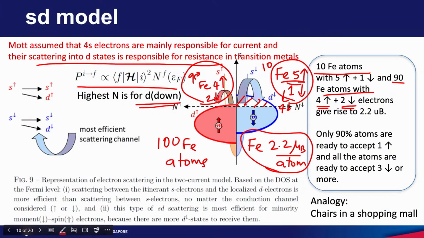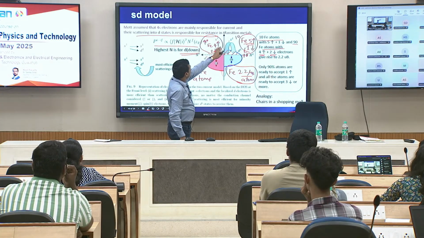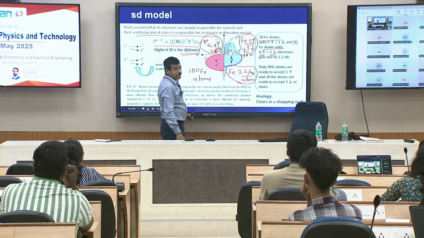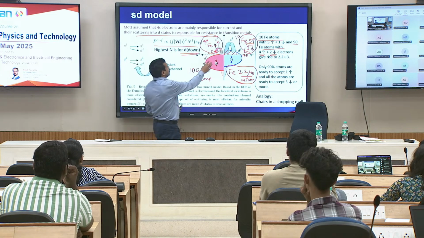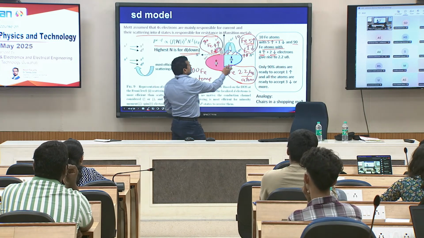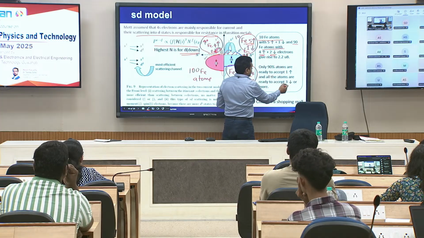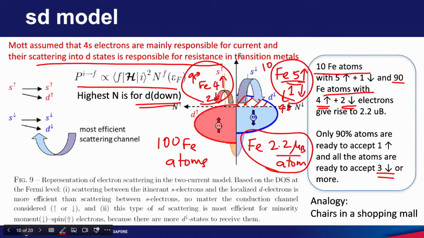So, the remaining 90 can accept 1 spin up electron or maybe 3 spin down electrons. So, if you look at all these atoms, you can notice that all of them can accept more spin down electrons. So, that is what this picture conveys.